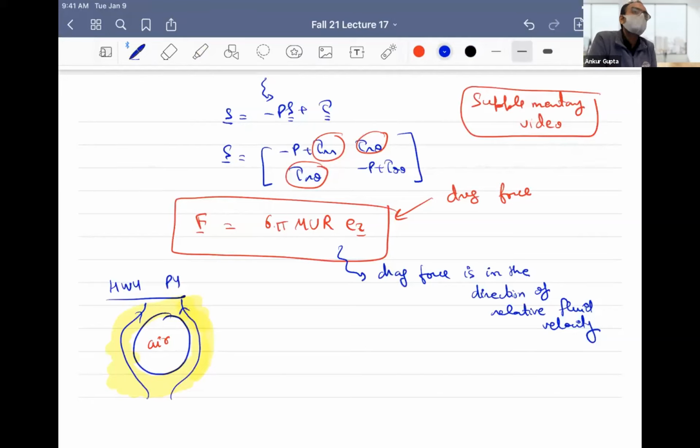There is only one thing that will change. The boundary condition at the air-liquid interface: we don't have no slip, we have no shear stress. That's the condition that we remember. That one small change will change everything in the derivation. So you can see the importance of boundary conditions and governing equations: one small change changes the entire process. That's what you will do in your homework. All right, so we are done with Stokes drag.